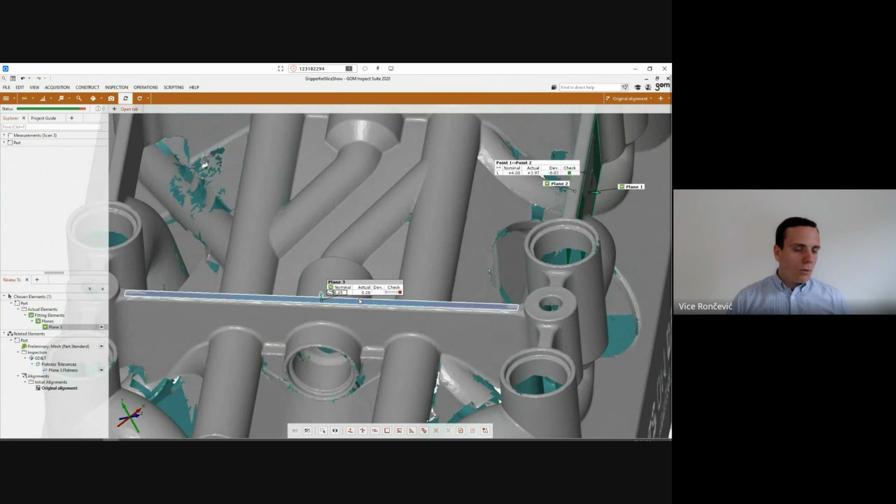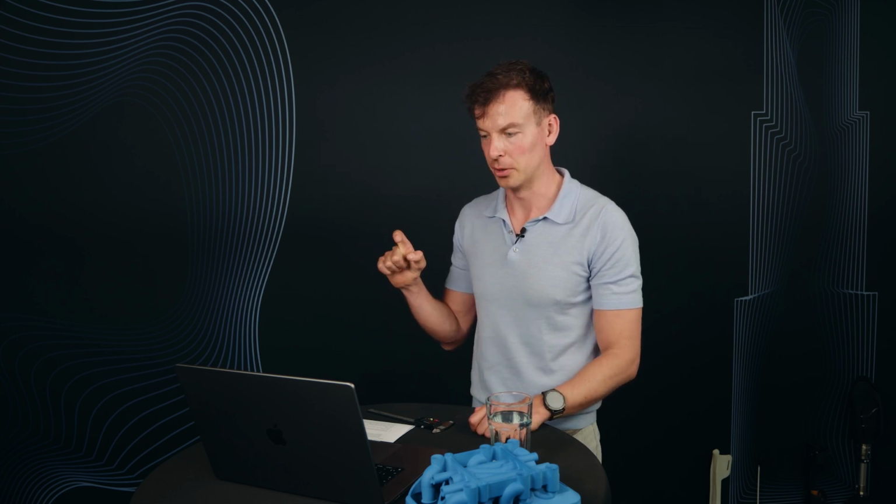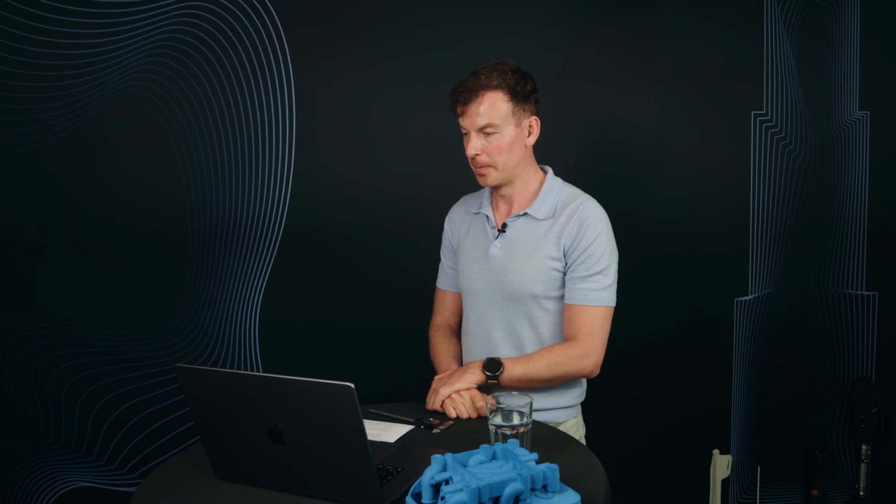We have measured 0.2, and I have placed a nominal value of 0.15, for a reason that should be closely related to its functional characteristics. The actual measurement we got from GOM Inspect is 0.2 millimeters. That basically means that the largest distance between the highest point on that surface and the lowest point on that surface is 0.2 mil.